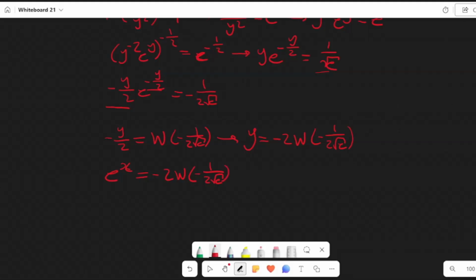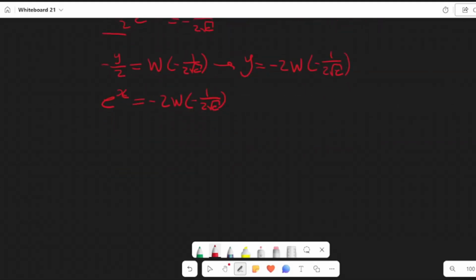So then, how do we determine if this actually has a solution or not? Now, someone might be thinking that we have a negative sign here, so of course it's going to be a complex number, but that's not the case. For example, Lambert W of -1 over 2 times the square root of e can in fact be negative as well.